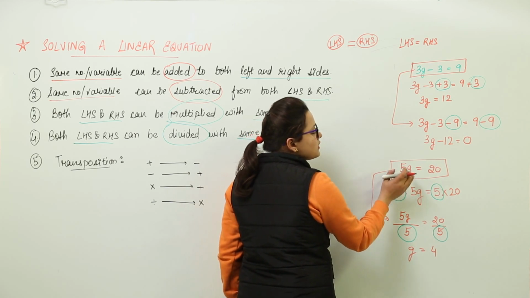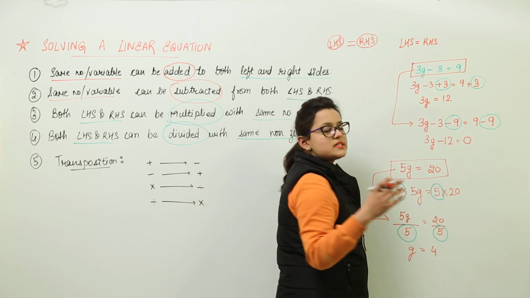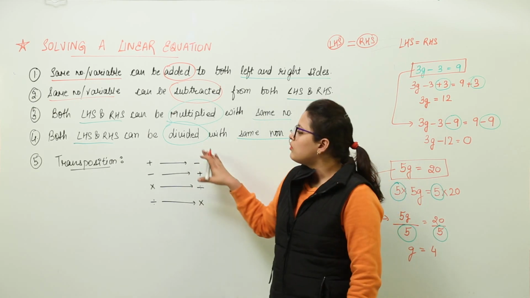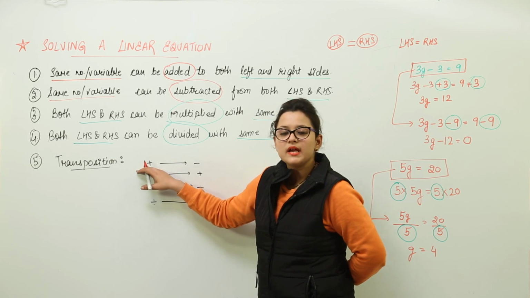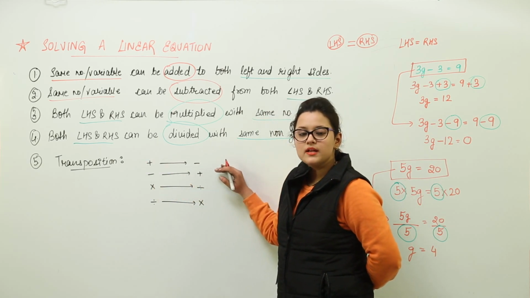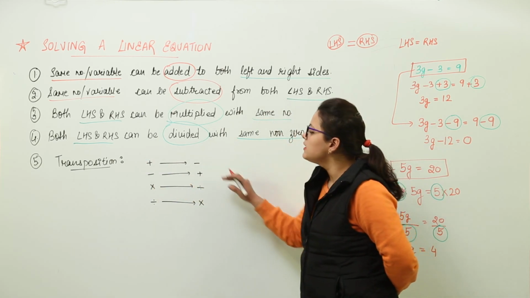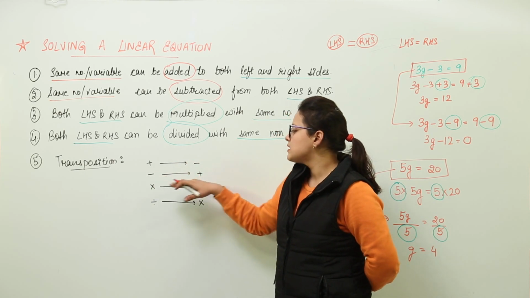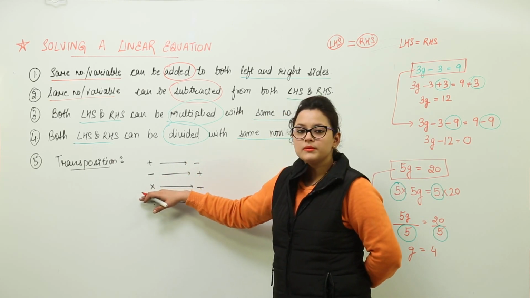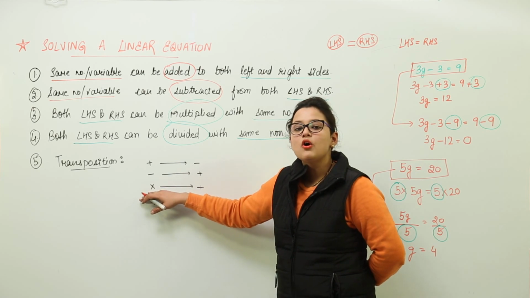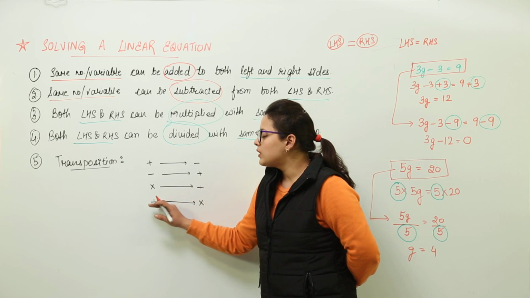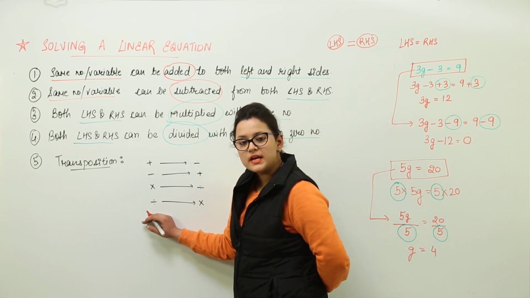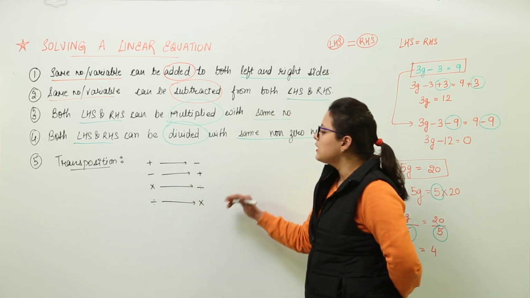The term written on the right hand side can go to the left hand side and so on. So what is the rule for transposition? The term which has a plus sign becomes negative when it is transposed to the other side. The negative one becomes plus. The term that was being multiplied on one side, on transposing to the other side, will become divided, and a term that is being divided on one side will get multiplied on the other side.